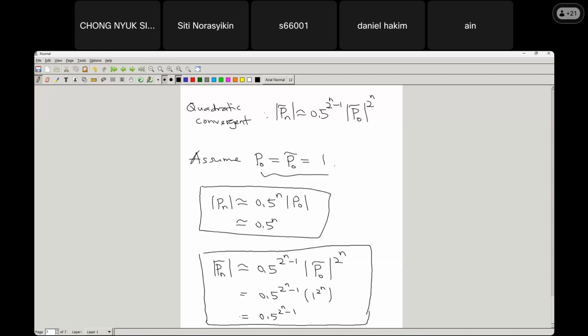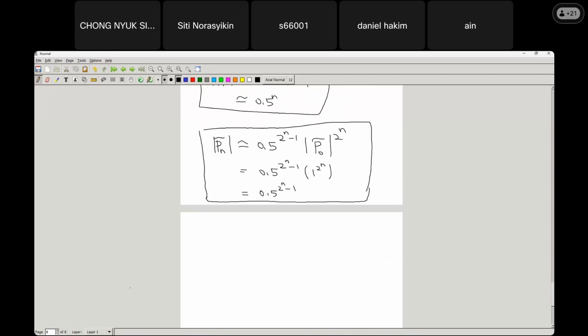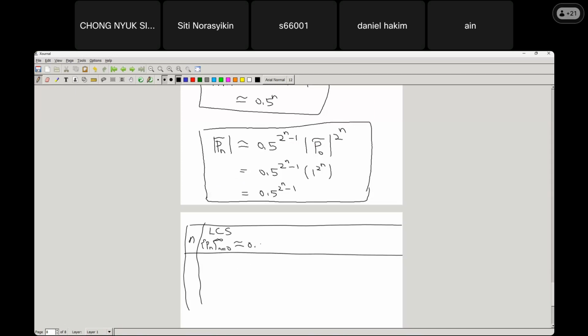Next, you can draw a table, that is really easy. Put an n here, and then here is a linearly convergent scheme. I'm sorry, I just write in short. So we have the sequence Pn from n equal to 0 up to infinity, that is approximately 0.5 power of n and P0.